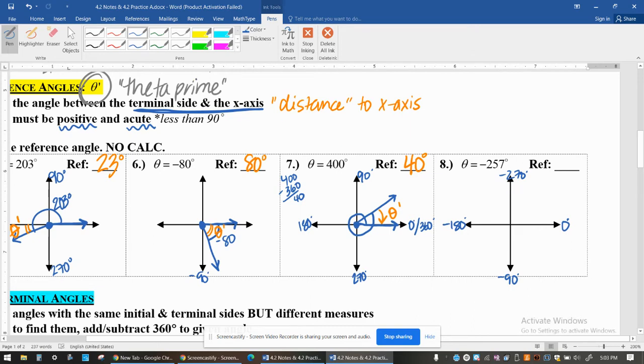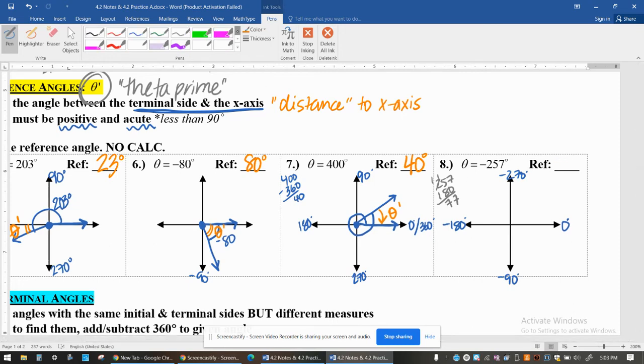So you want to do 257 minus 180. Okay, so 257 minus 180. You're going to have to borrow from here. 15. Okay, so 77 degrees.